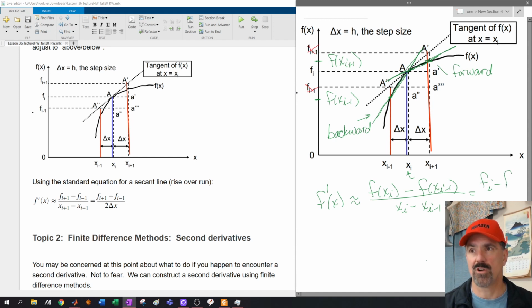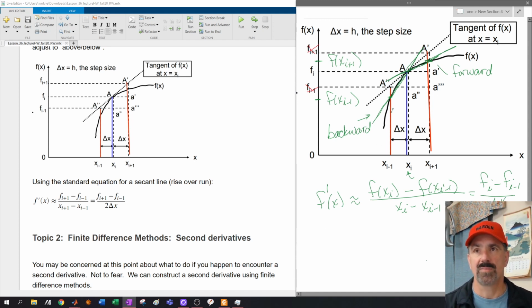And we're going to subtract from that f evaluated at x sub i minus 1. That's what that notation represents. And of course, as long as the steps along the x-axis are equally spaced, this is some fixed value, which we generally call delta x. And so this is just our slope approximation from the backwards direction here.